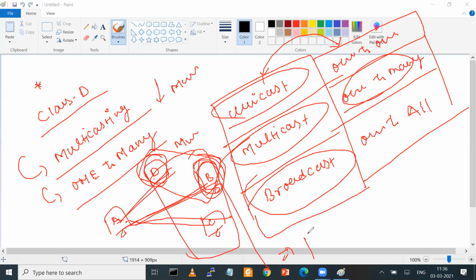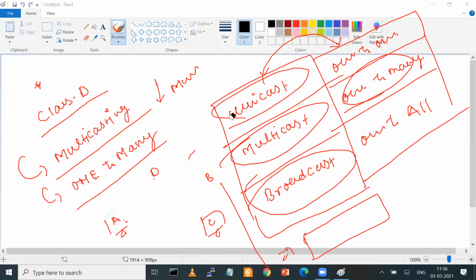Even if a broadcast is coming, broadcast means 1 to all, so it comes to everyone. But when I say multicast, it is for a specific group. People who are listening for that group can only understand it. Meaning, only those it is meant for will understand, and it is not for anyone else.